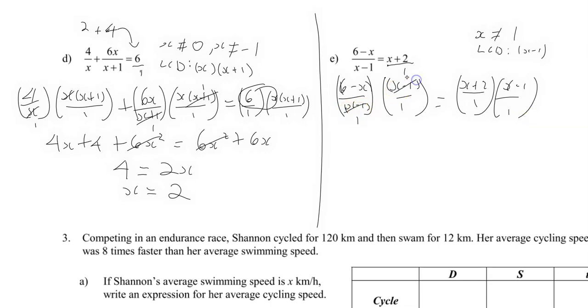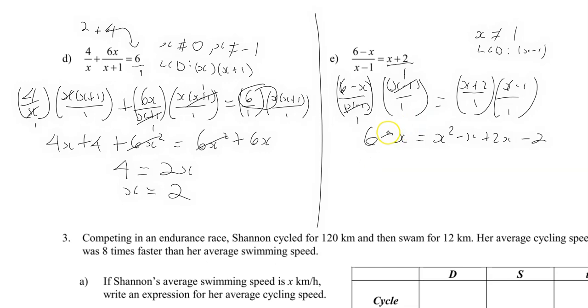Okay, x minus 1's cancel. I now have only 1's in the denominator, so we get 6 minus x is equal to, so this is a binomial times a binomial, so x squared, FOIL, minus x plus 2x minus 2.